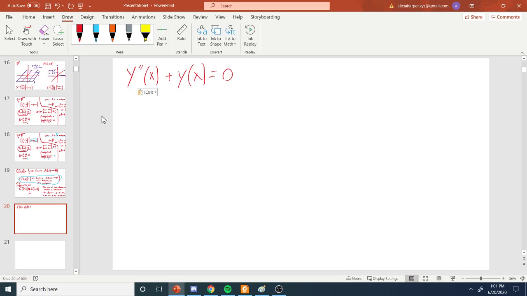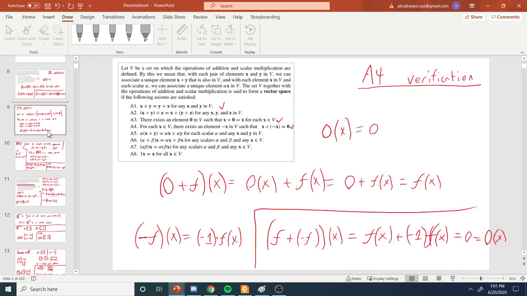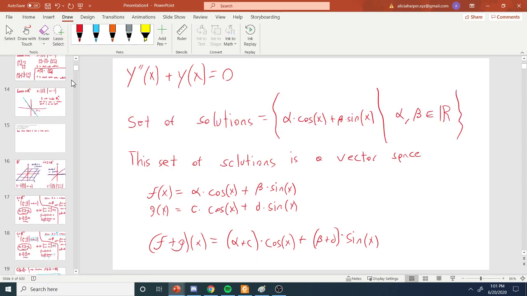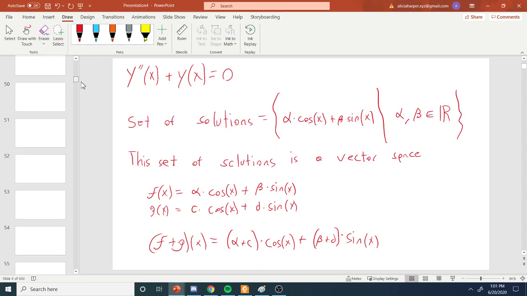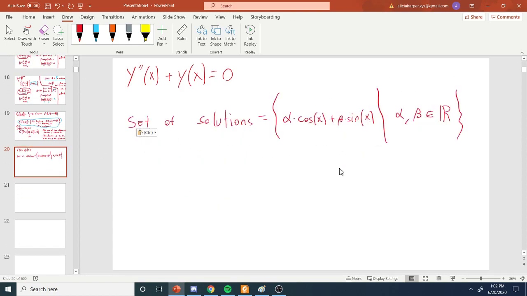So recall that we analyzed the solution set of this, and we showed that the solution set was a vector space. In fact, this was the solution set right here, so I'll pull it forward. Well, here's the claim.